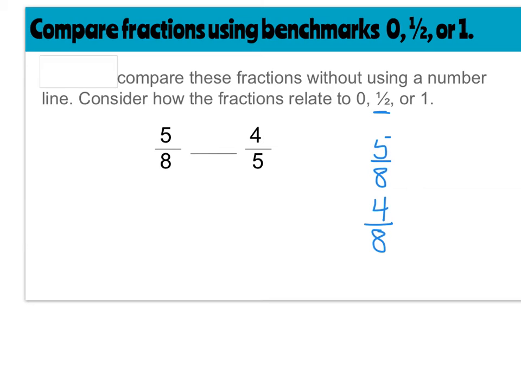So I can see that 5/8 is just 1/8 bigger than 4/8. And then when I think about 4/5, I want to think about it as 1 whole. So when I'm talking about 4/5, I might want to think of 1 whole as 5/5. So 4/5 is just 1/5 smaller than 1 whole.